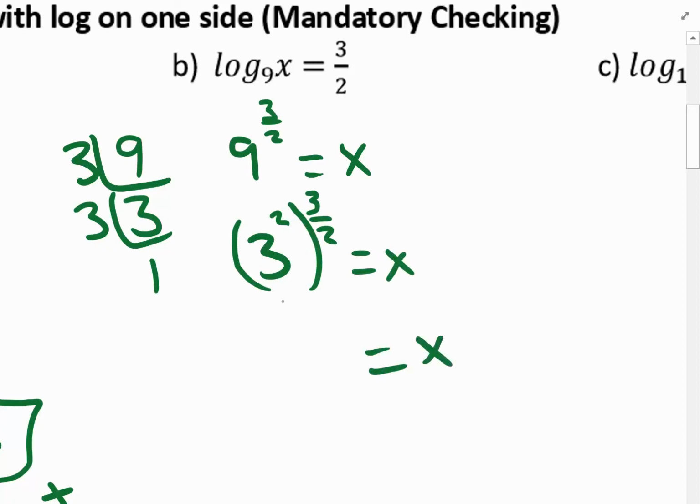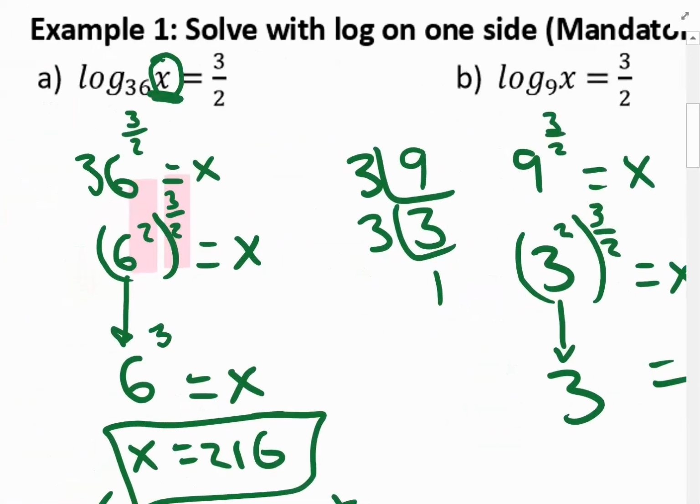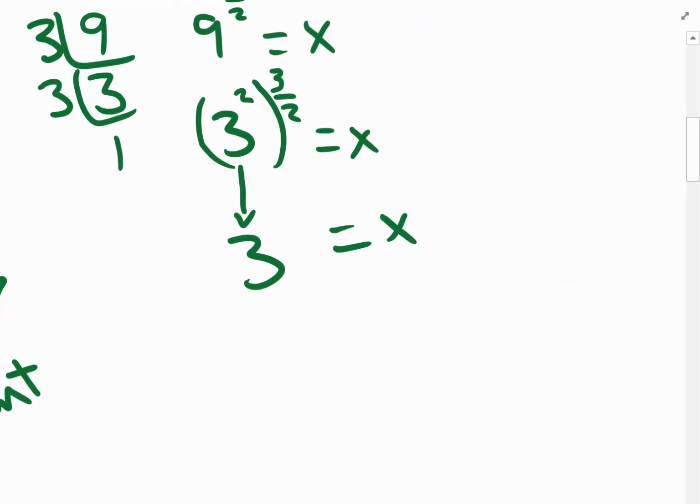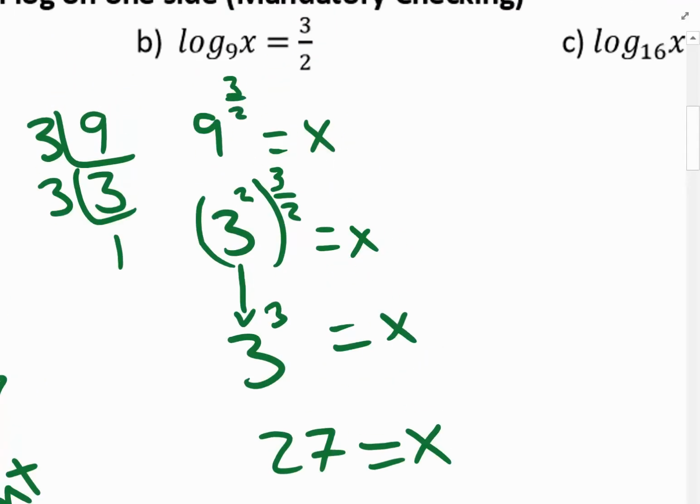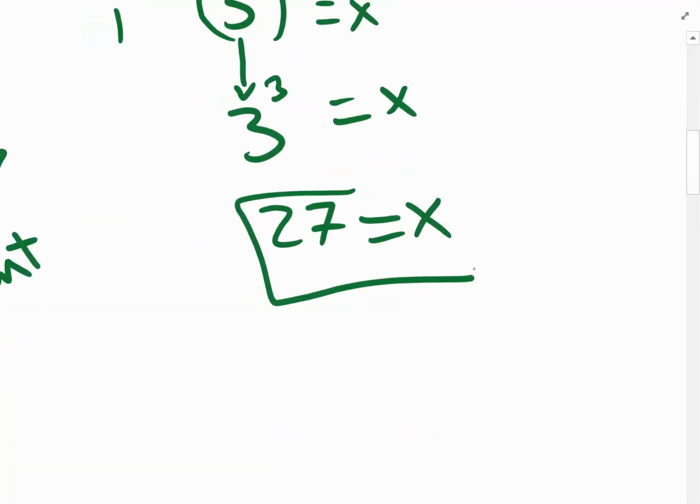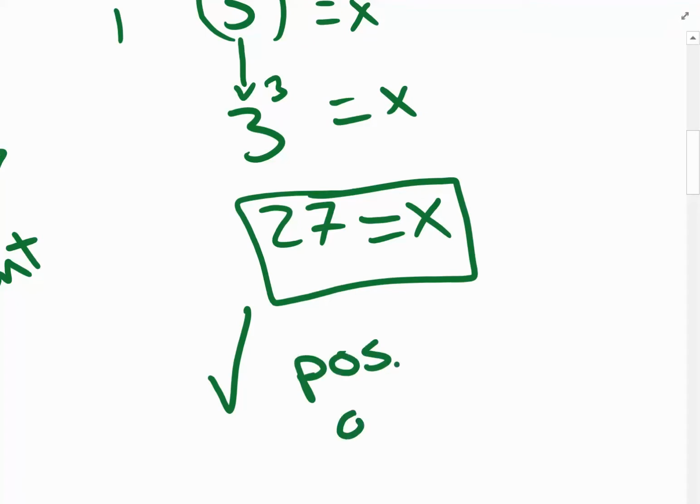Now we just bring down that big 3 and find the exponent. What's 2 times 3 over 2? I think that's the same thing we just did. 2 times 3 over 2 is 3. And 3 to the third power is 27. And if I plug that in, I've got 27 for my argument, and that's positive. So check mark, it works out. It has a positive argument.